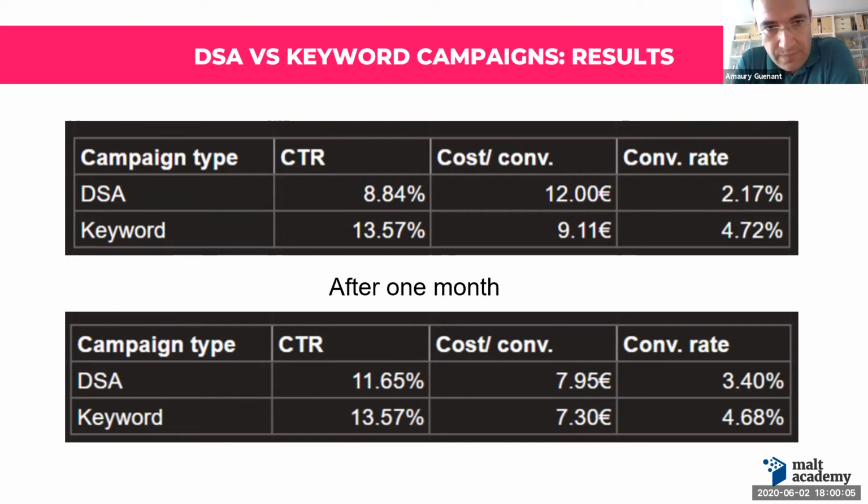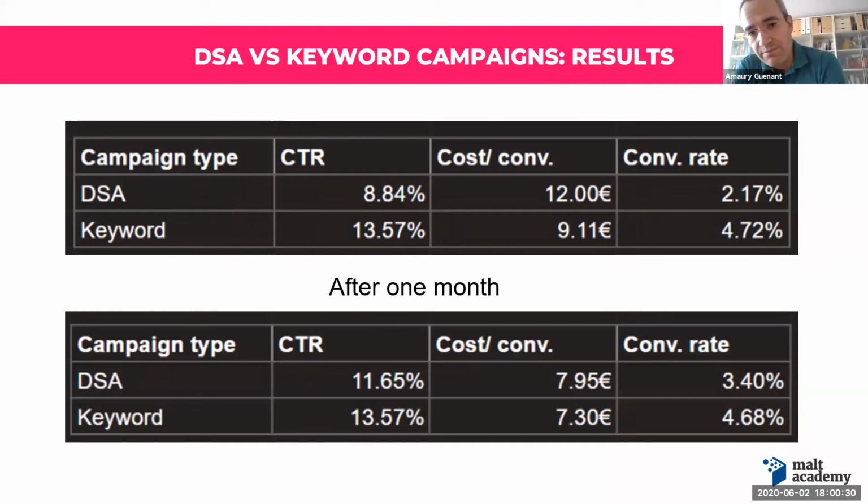And you can see that at the very beginning, the fully automated campaign doesn't have enough data to run smoothly or to optimize things. So you will see that the CTR is lower, the cost per conversion is also higher, and the conversion rate is about half of the keyword campaign.